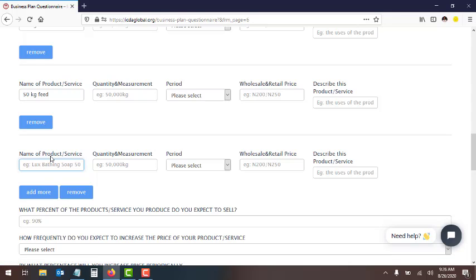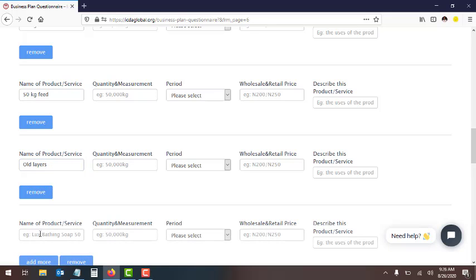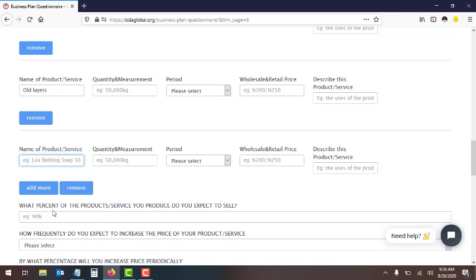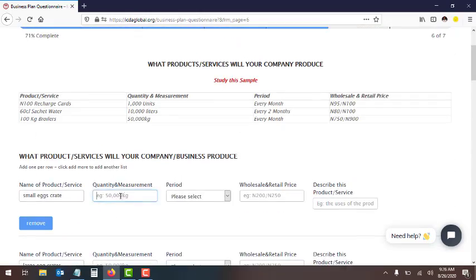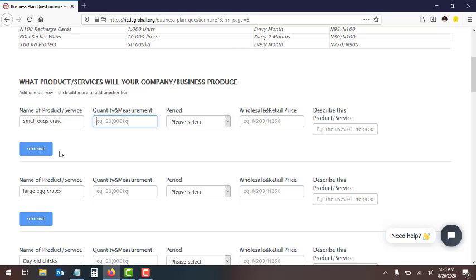So maybe you have 50 kg feed, and you are selling old layers, and also broilers. Put down all the things you are selling, and put the quantity you are producing and the units of measurement.